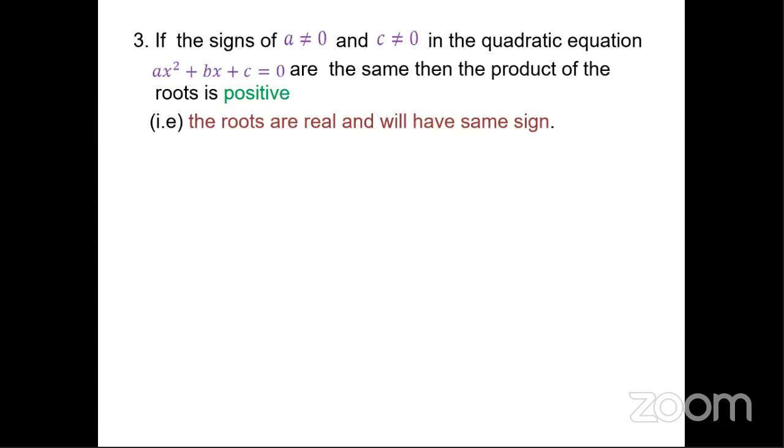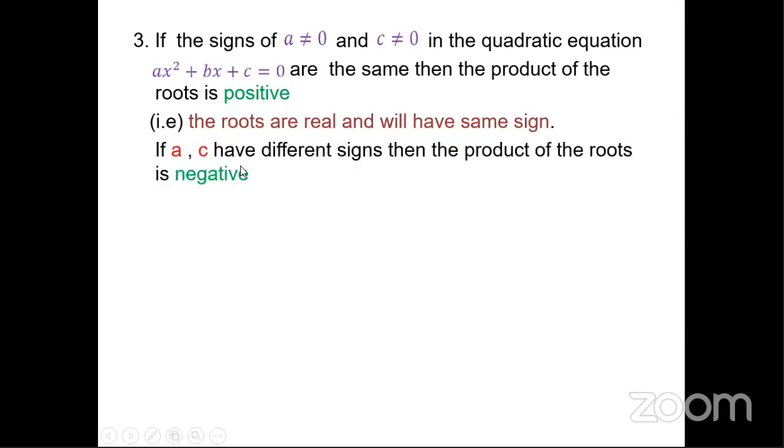Now suppose if C is negative and A is negative, then that negative and negative cancel themselves and it leads to a positive value. So when signs of A and C are same and both are non-zero values, then product of the roots will be always positive. And for this type of equation with a condition, you will get the roots to be real and they will have same sign.